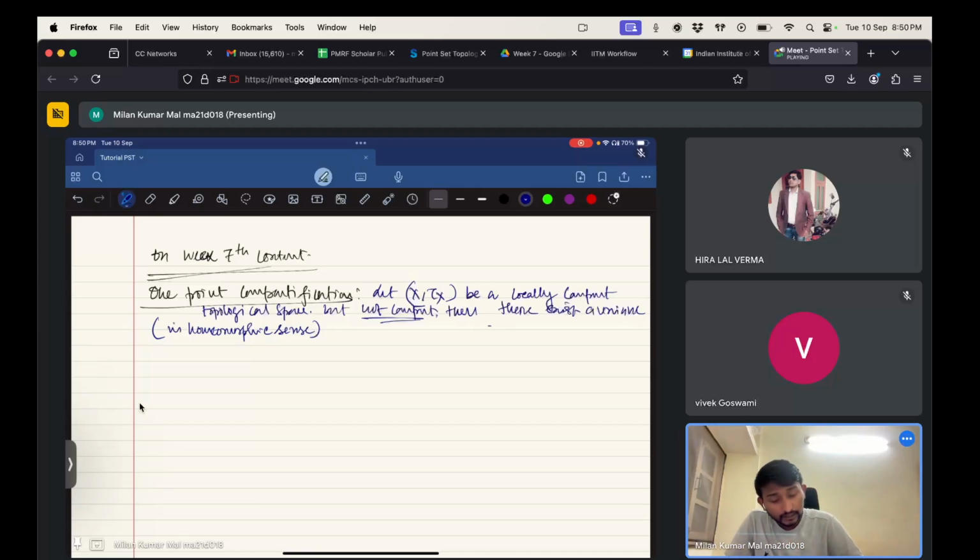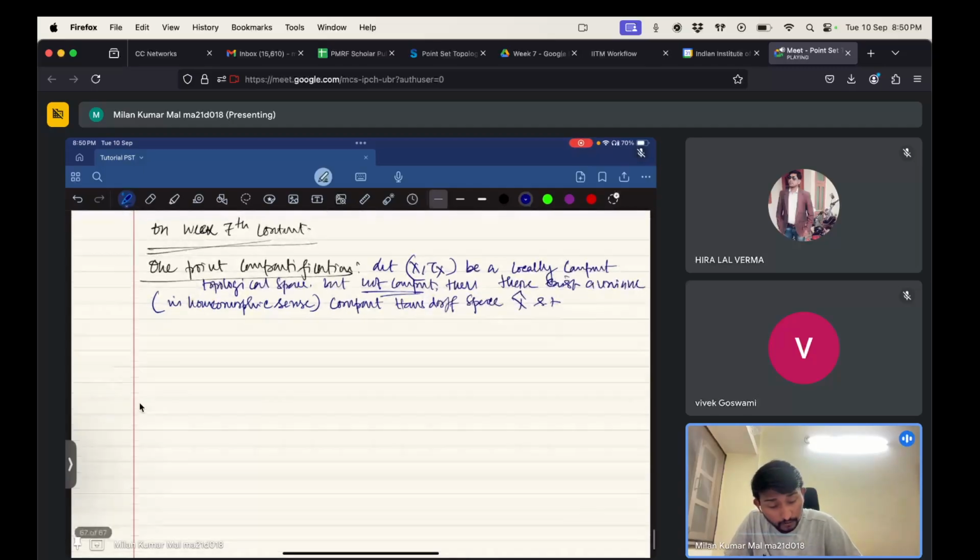Then there exists a unique compact Hausdorff space X cap with the inclusion I from X to X cap such that, first fact, X cap minus I(X) is a singleton set {P naught}. Second fact, I is continuous.